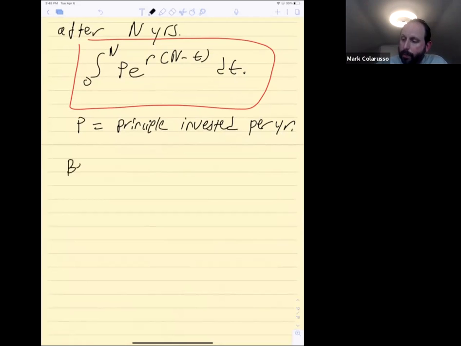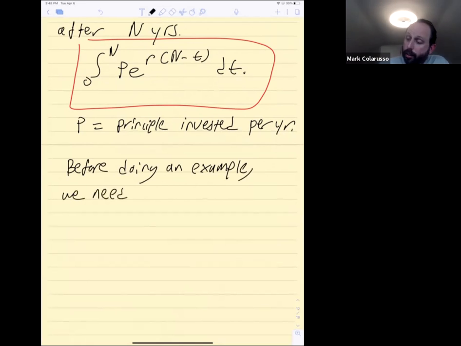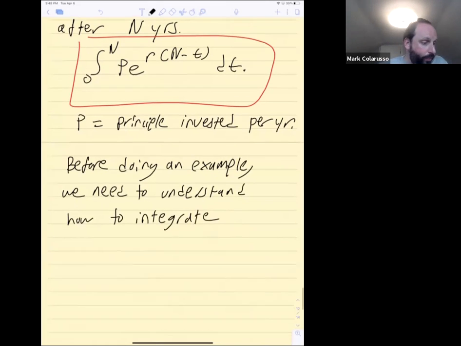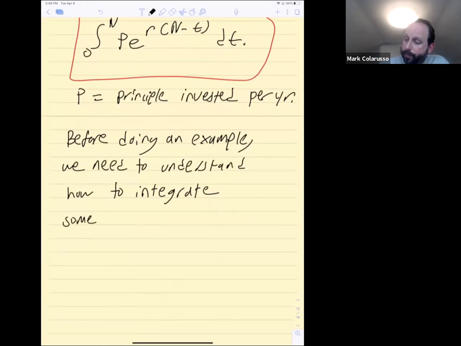So before doing an example, we need to understand how to integrate something of the form e to the ax plus b.